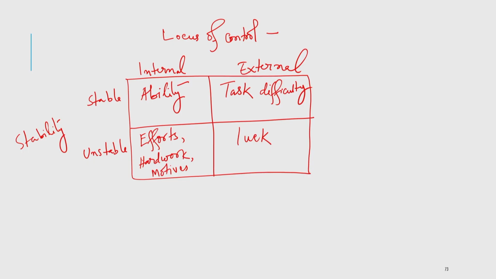So if you use locus of control and stability, these could be the four important factors.